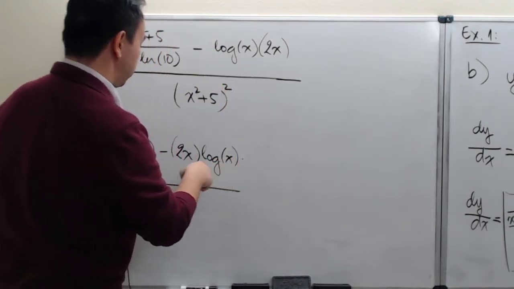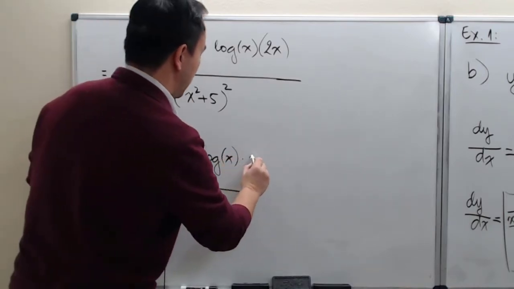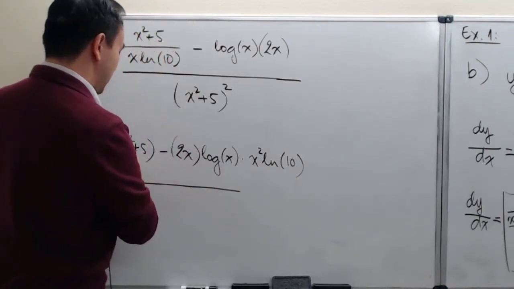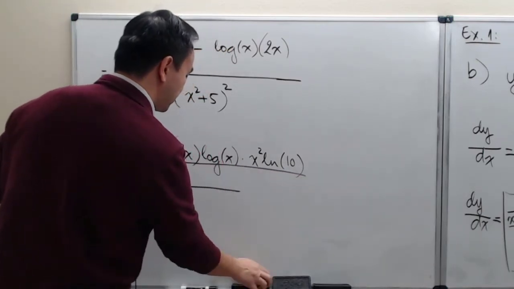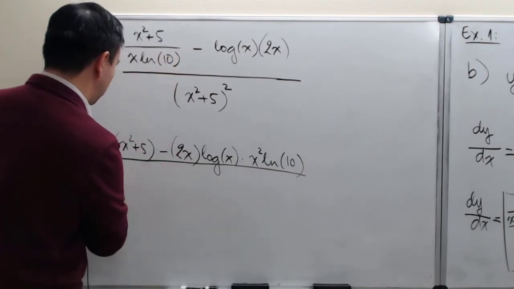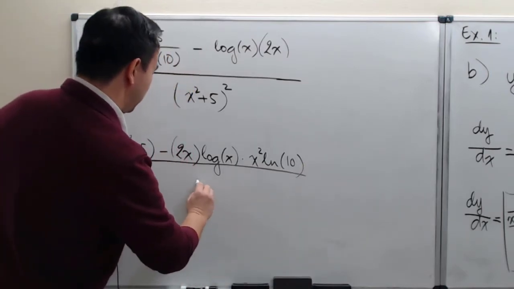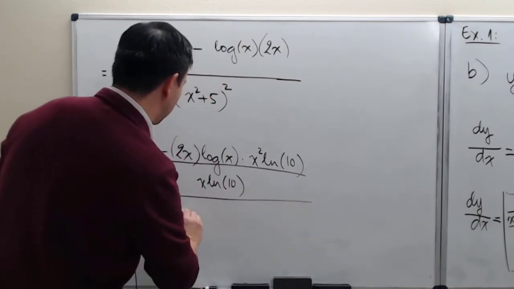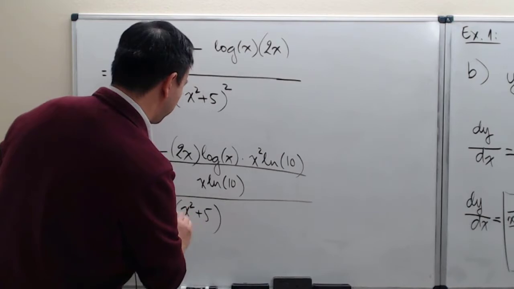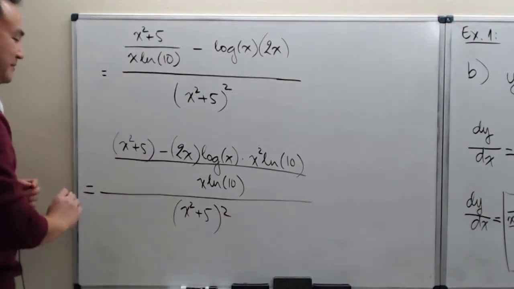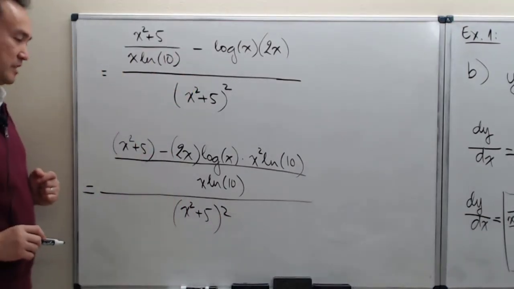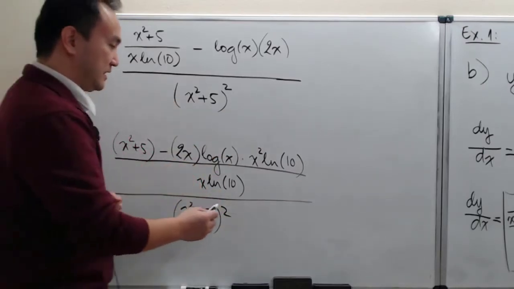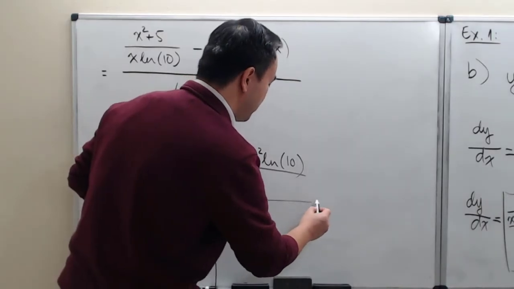But now I'm going to need to multiply all that with the extra x times natural log of 10. And then all that now is over x times natural log of 10. Okay, and we're putting that over x squared plus 5 squared. All right, so a little bit of algebra there again, and now you've got a fraction on top of another denominator right there. Then things will all turn out to be okay.